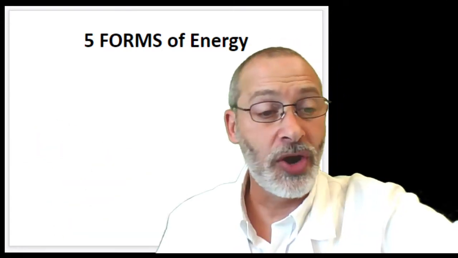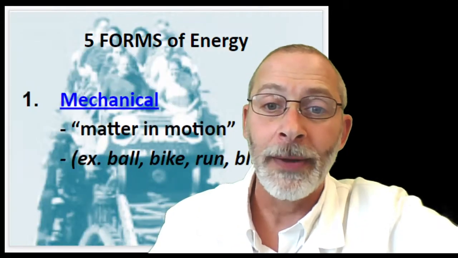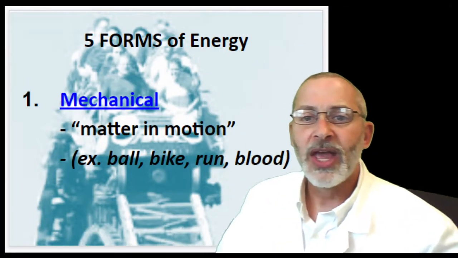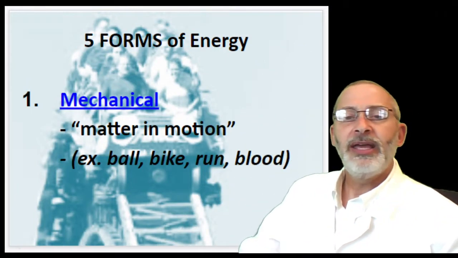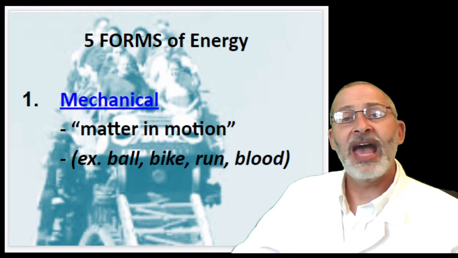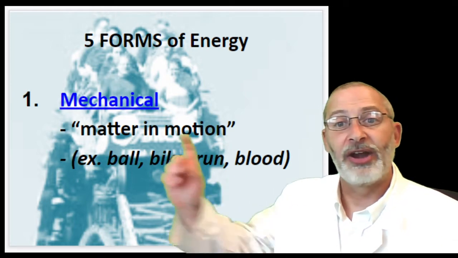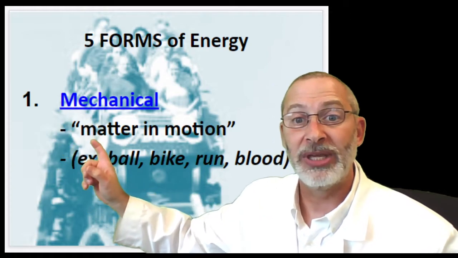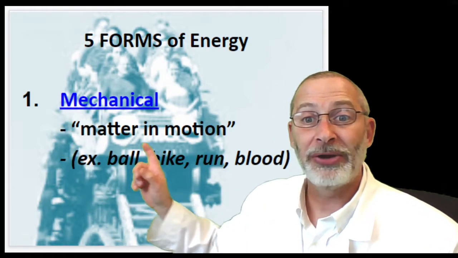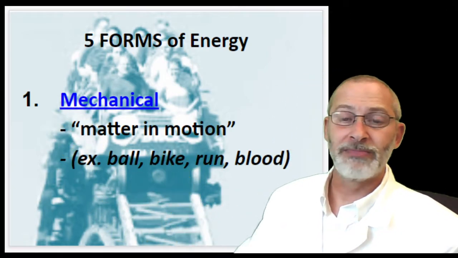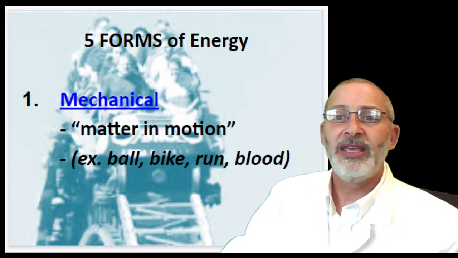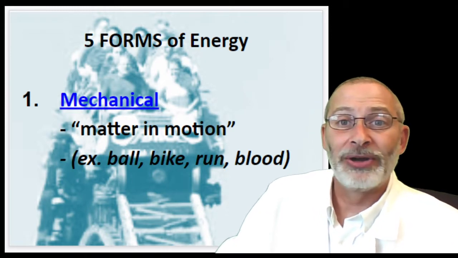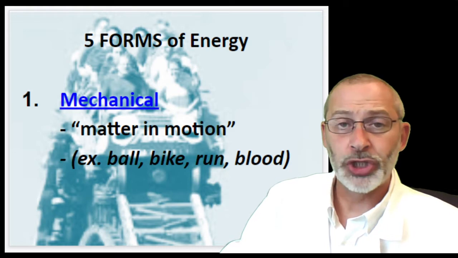So let's get started right away with number 1. Number 1 is mechanical energy. Mechanical energy, think of the letter M, begins the word mechanical. It also begins the word matter and motion, because mechanical energy is in fact matter in motion.